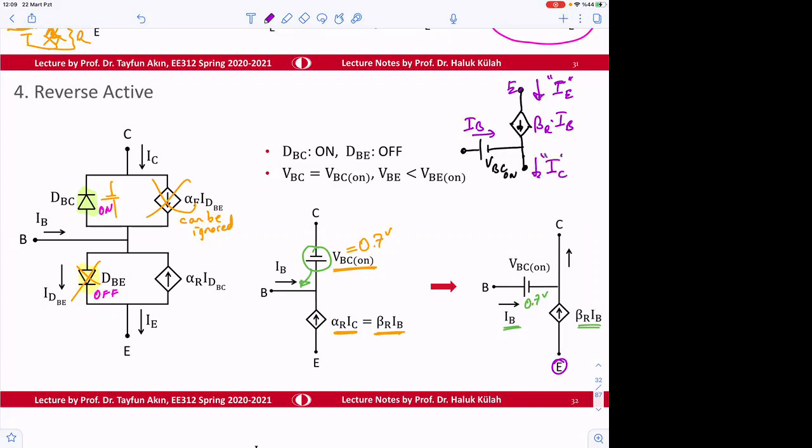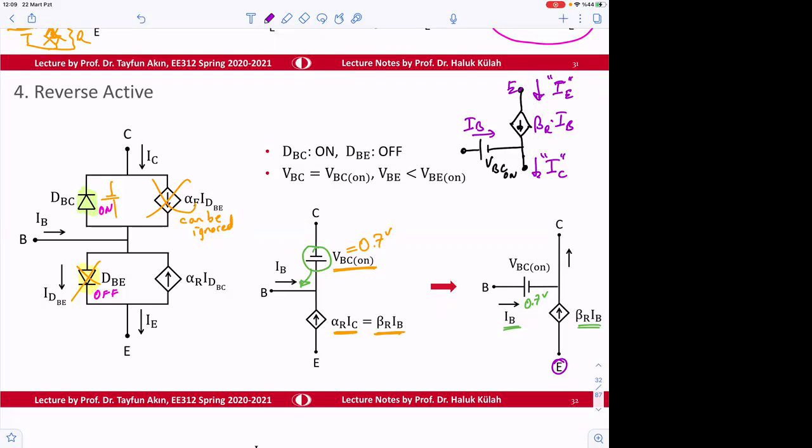I call it collector current, but the direction is reversed. And now the emitter acts like a bad collector, okay? Because remember, emitter was highly doped, collector was low doped.